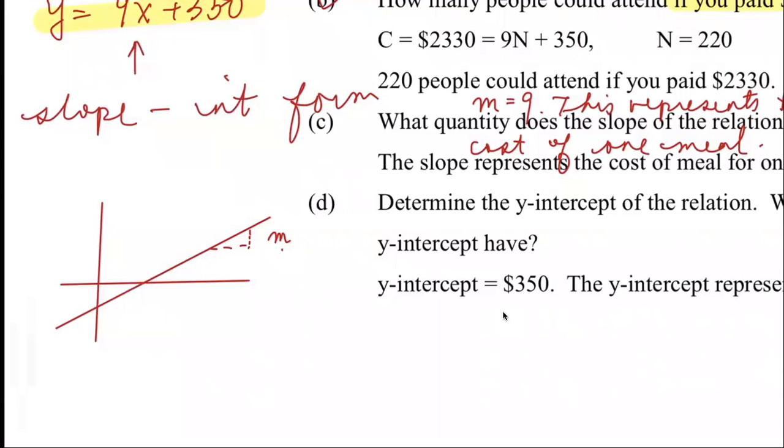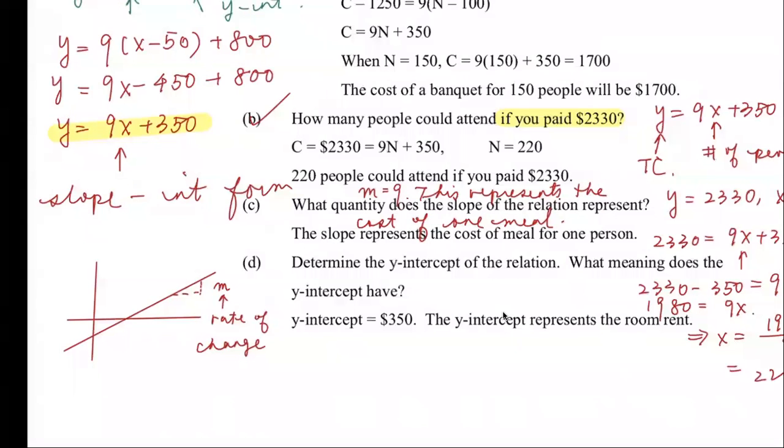So the slope always represents the rate of change of something. In this case, it represents the cost of one meal.